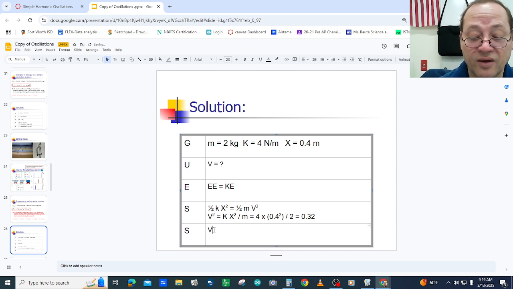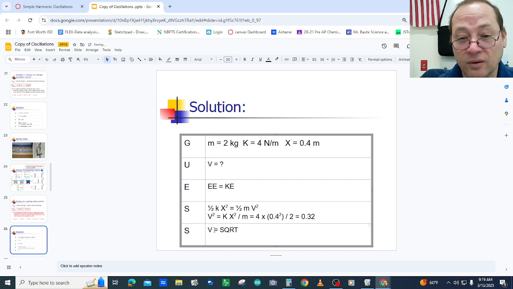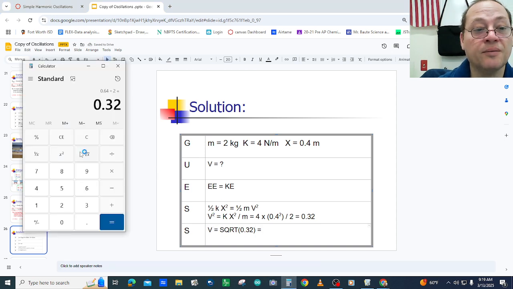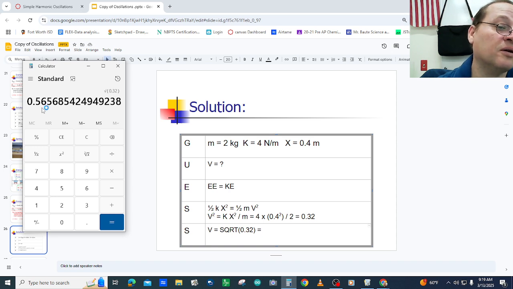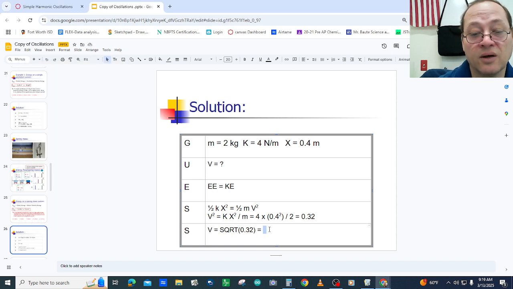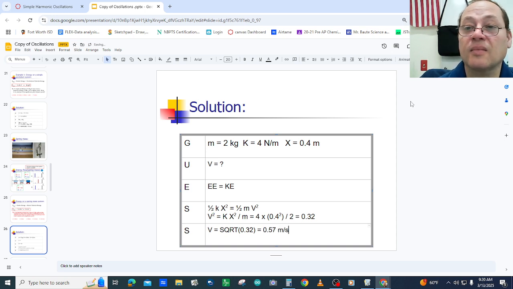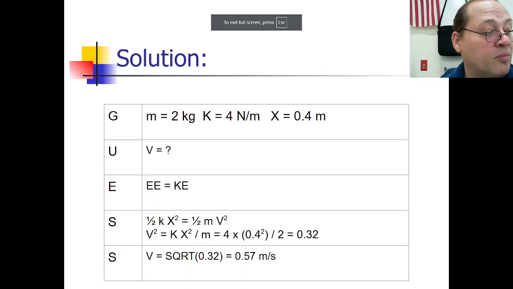V, the velocity, will be equal to the square root of 0.32. How much is that? Well, let's do it here. The square root of that number is 0.565, 0.57 rounded. All right, that's going to be 0.57 meters per second. And that is the solution to that problem.